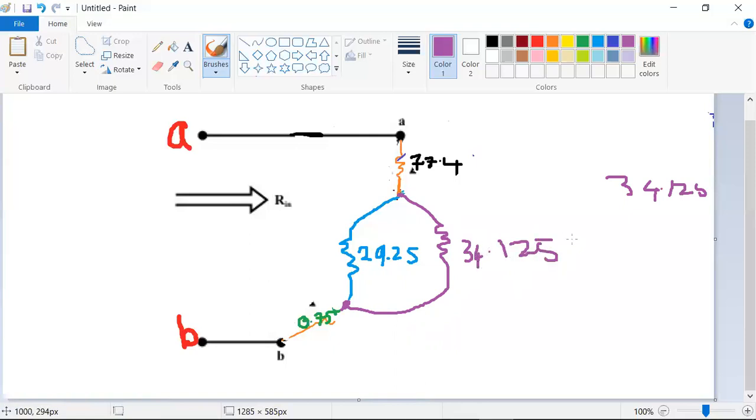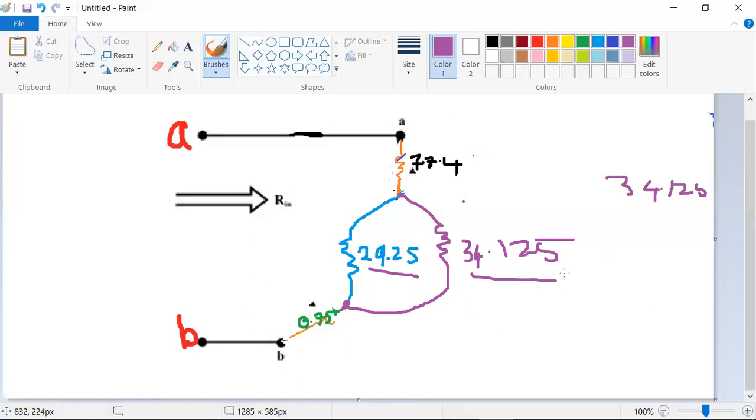Now here 34.125 and 29.25 are in parallel. Now do the parallel circuit: 34.125 into 29.25 divided by 34.125 plus 29.25.